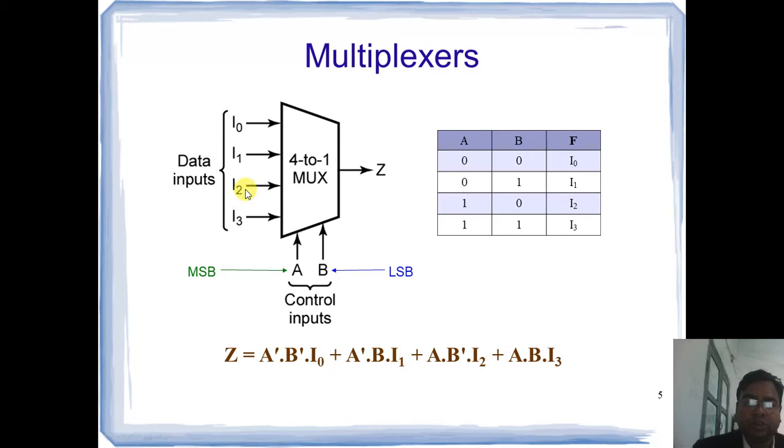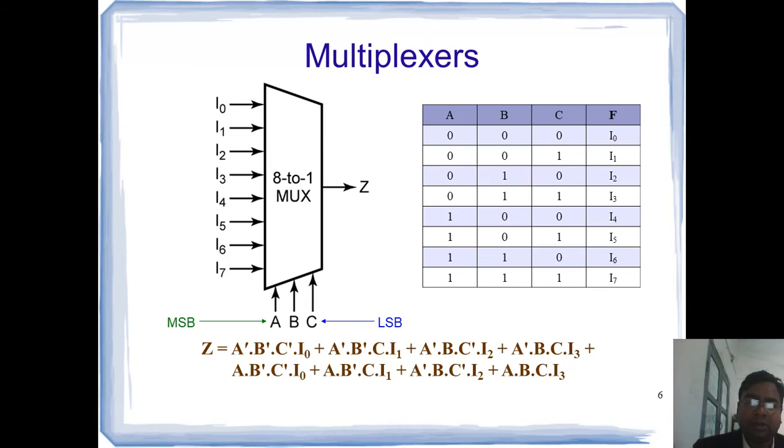If we have 1, 0 on the select lines, then I2 is passed on to the output, and in the last case, if A and B both are 1, I3 is passed on to the output. So the characteristic equation for output Z will be A bar B bar I0 for the first case, A bar B I1 for the second, A B bar I2 for the third, and A B I3 for the last. This is the equation for the 4:1 multiplexer.